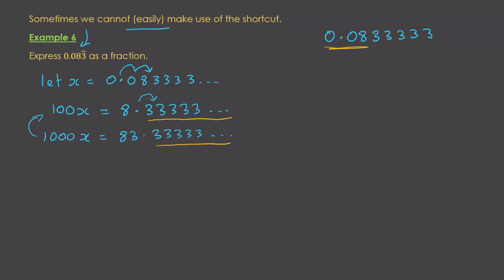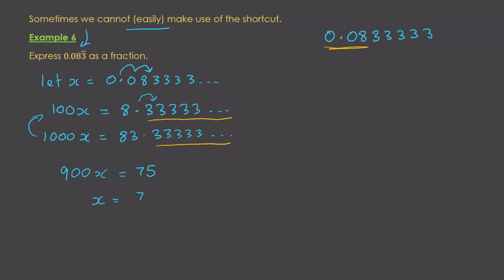Now if I subtract here, 1000x take away 100x, that's 900x. And on this side I just need to do 83 take away 8, which is 75. The decimal expansion, of course, disappears as it did before when we looked at this method.